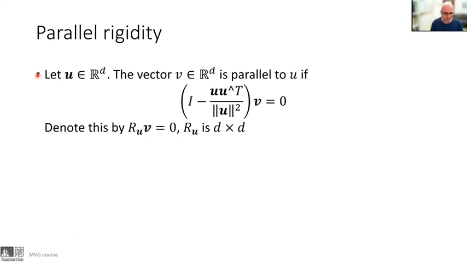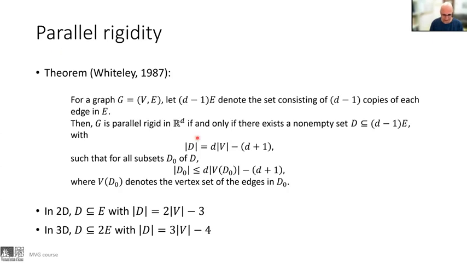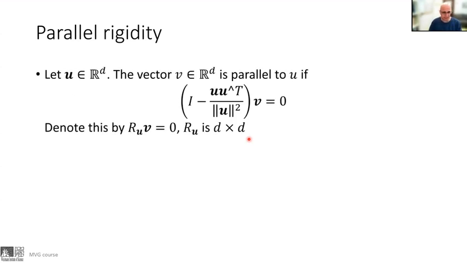Before we see examples, let me try to explain where we get this condition from. Not exactly a proof, but more of an outline of the proof for the first part. Given a vector u, we can write this expression to say that v is parallel to u. What do you see here?